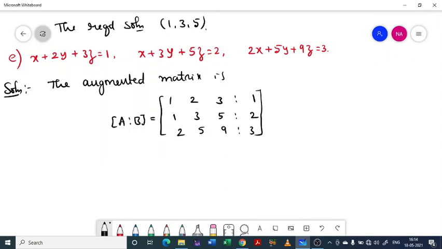Now the operations are R2 changes to R2 minus R1, this one is an easy operation, and R3 changes to R3 minus 2R1, that's also an easy one.